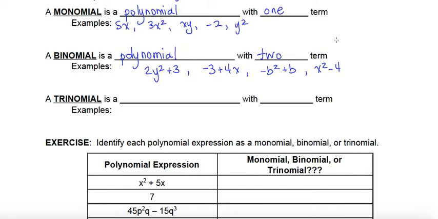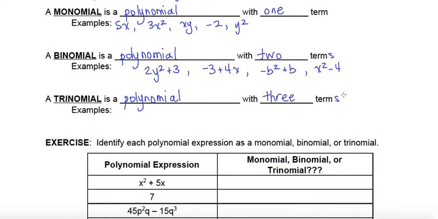So what does a trinomial mean? If monomial is 1, like a monocle, and binomial is 2, like a bicycle, a trinomial is 3. It's a polynomial that has 3 terms, and you can add the letter S to these.